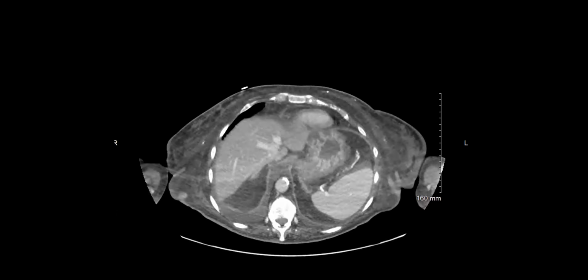I'm always amazed by what our interventional gastroenterologists can do. This patient had a Roux-en-Y gastric bypass, liver transplant, and had ischemic biliary ischemia, cholangiopathy.